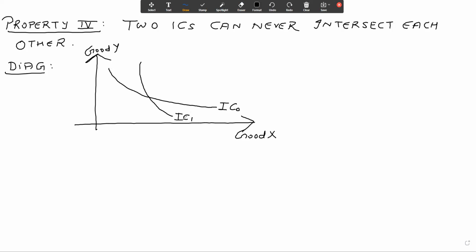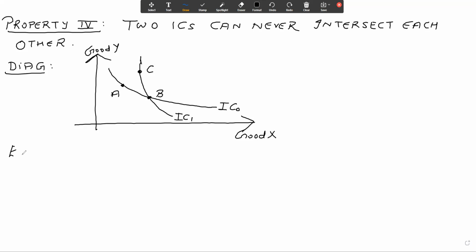Suppose I take points on the indifference curves: this is point A, this is point B, and this is point C.